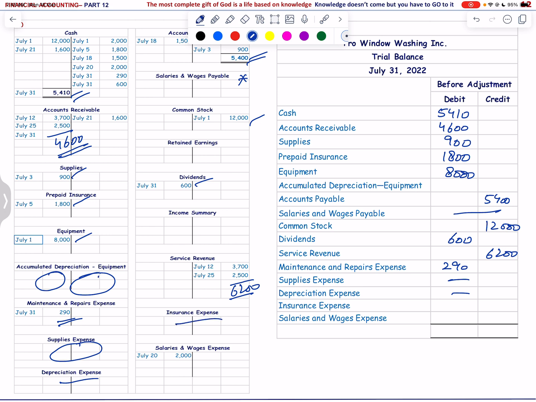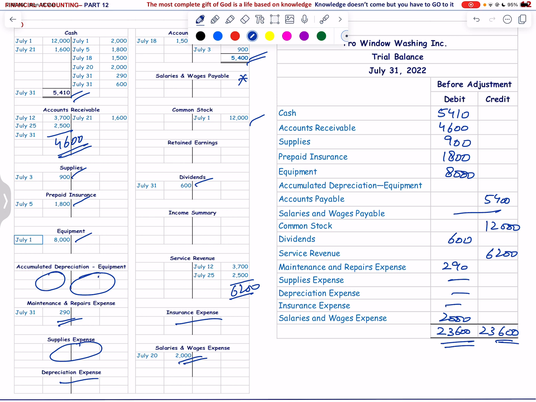So now we make the total, and the total is 23,600, and this one is also 23,600. Since the debit is equal to the credit, that means mathematically our recording is correct so far.